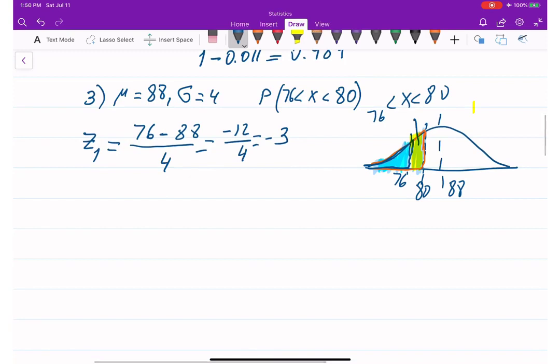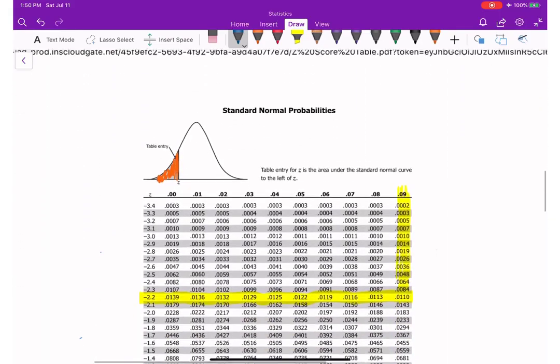Then we need to find the probability of Z-score less than or equal to negative 3, which is the same as the probability of x less than 76. Okay, let's go find negative 3.